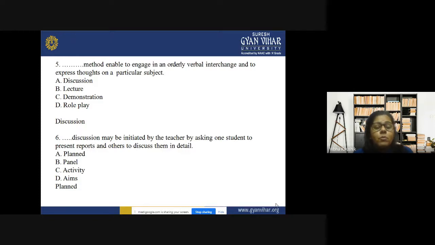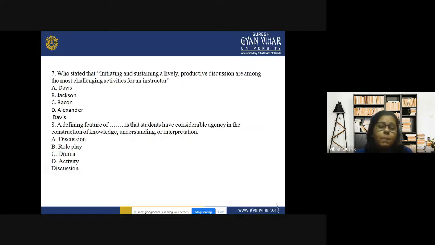Now, options are A, planned; B, panel; C, activity; or D, aims. So the correct answer will be option A, that is planned. So a planned discussion may be started by the teacher, and in that we have to ask one student to present the report, and he will present the report and ask other students to discuss them in detail.